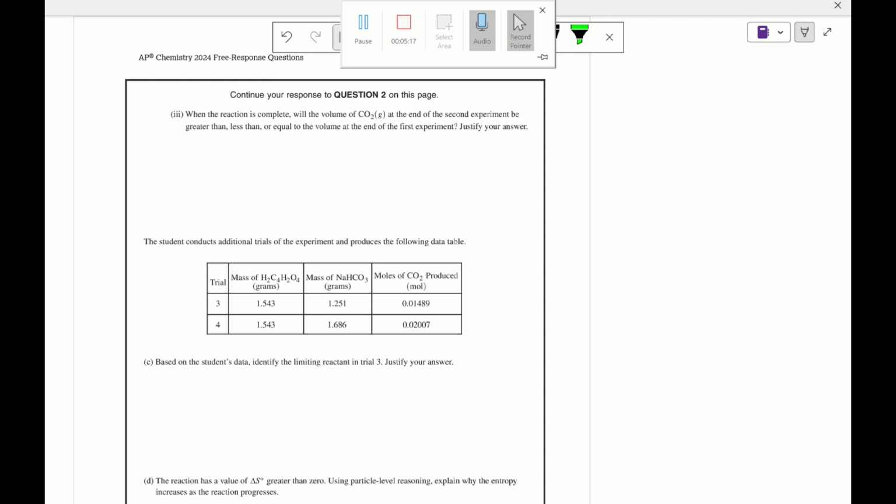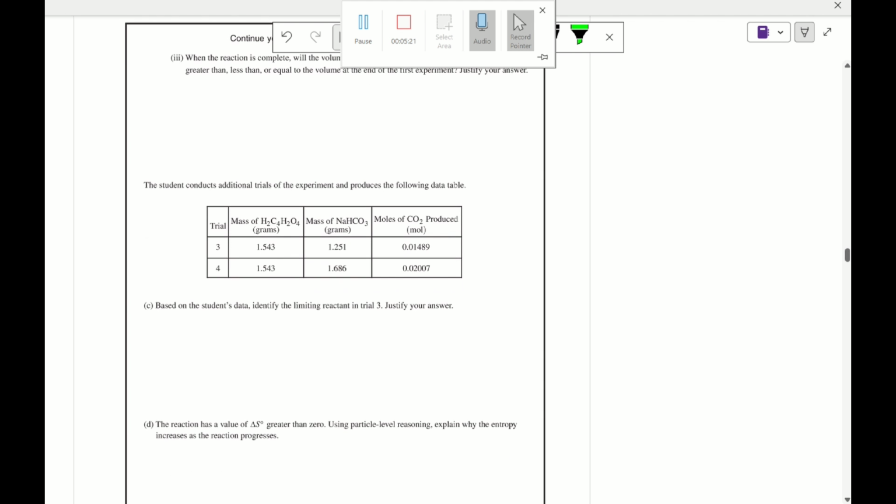And the limiting reactant here, so we have trial 3. So we have this number of grams of H2C4H2O4, and then this amount of grams for NaHCO3. First, you'd find the molar mass of each.